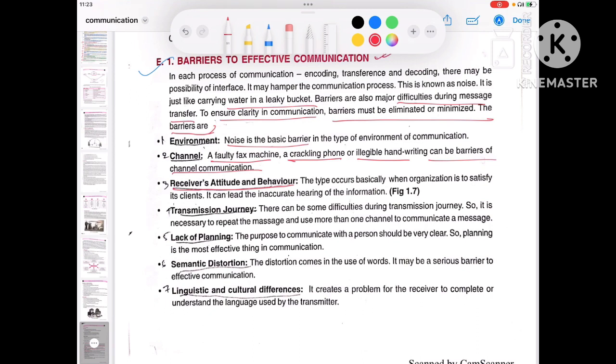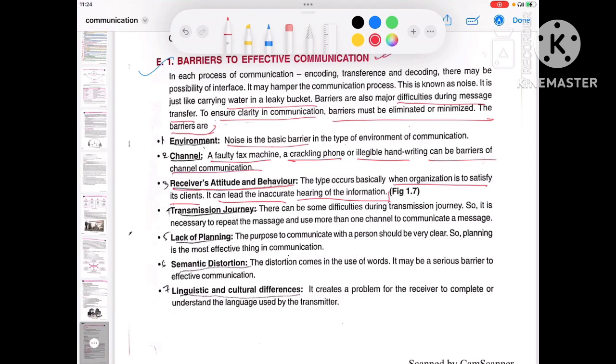Next one is the receiver's attitude and behavior. The receiver is the one who is receiving the information. The sender will send the message to the receiver, and the receiver will receive the message. The receiver's attitude and behavior can be different. This occurs basically when the organization is trying to satisfy its clients, and it can lead to inaccurate hearing of information.